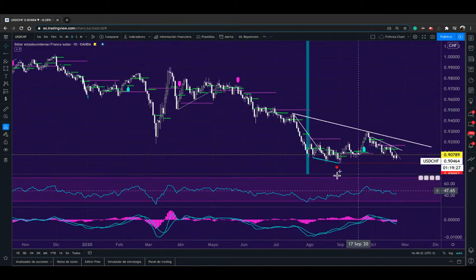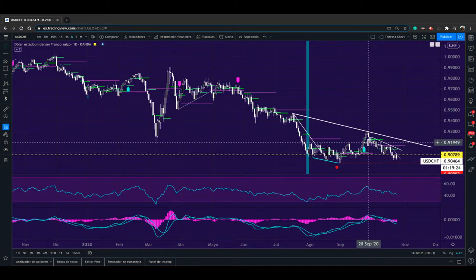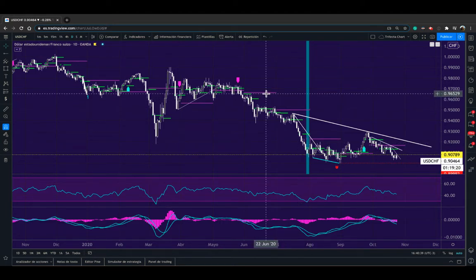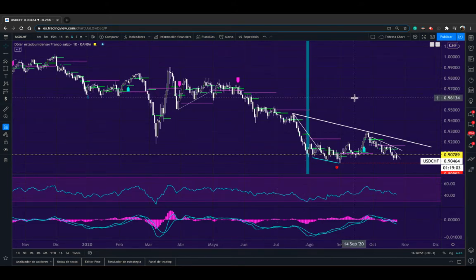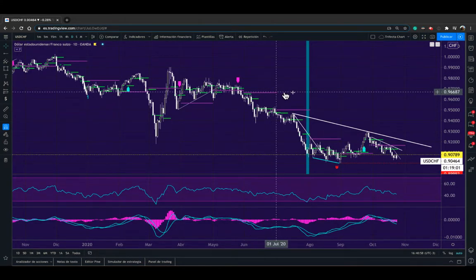We have this awesome objective target, the June monthly pivot, and this is going to be our core axis for this trade.